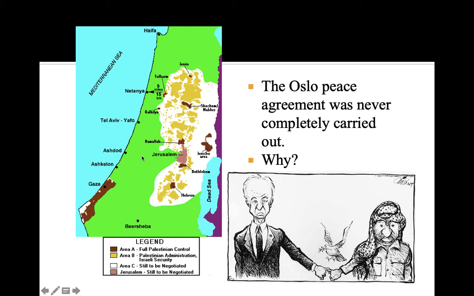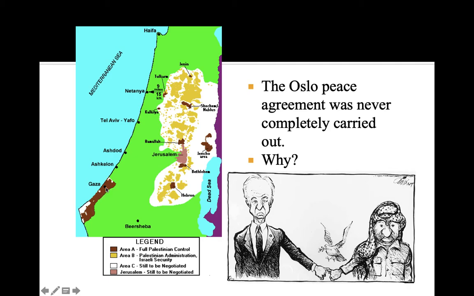And as part of the Oslo Agreement, these mustardy color areas were all eventually to be turned back over to the Palestinian Arabs, because this was the territory that the Palestinians were given by the UN back in 1947, this area and the Gaza Strip.